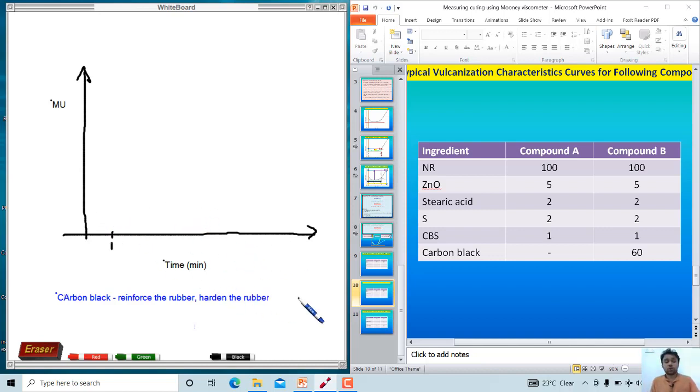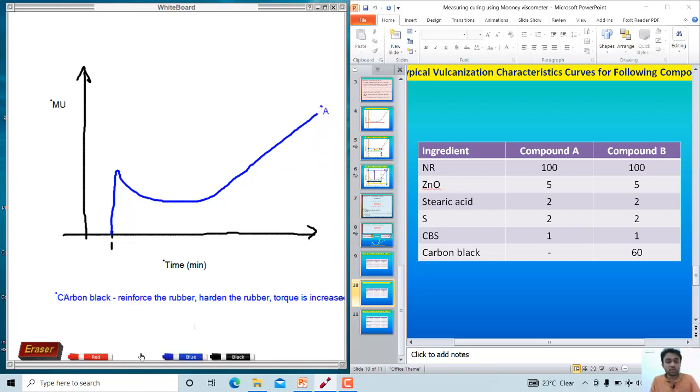So then what will happen to the torque values, right? Torque is increased, right? It increases the torque, right? So if we take the compound A, it should give some kind of initial torque and it will reduce to some extent and it will show this type of curve for compound A.